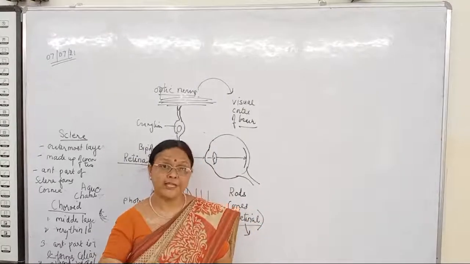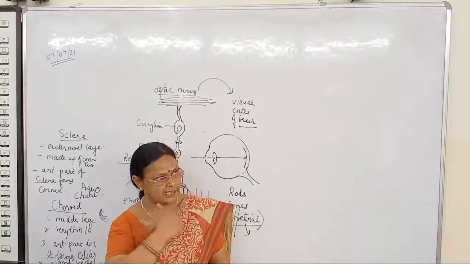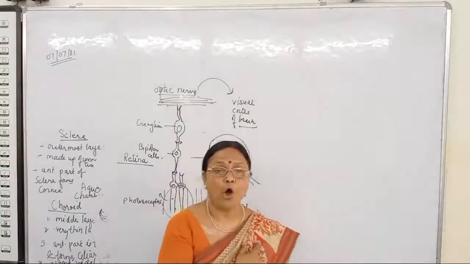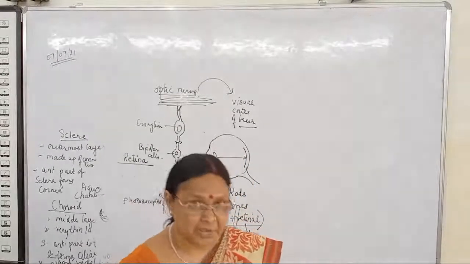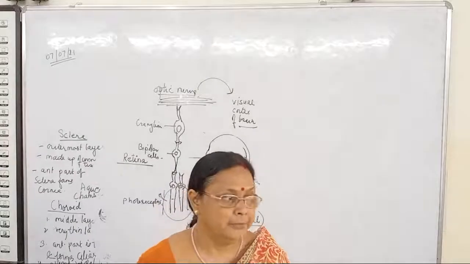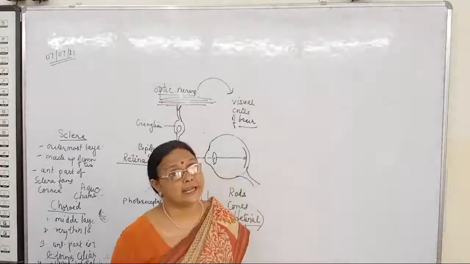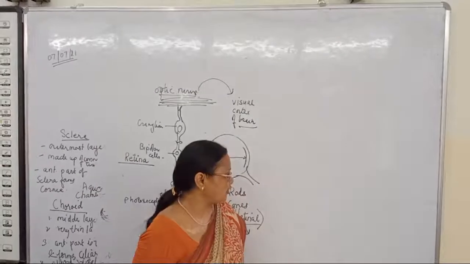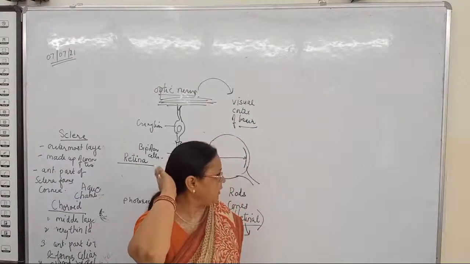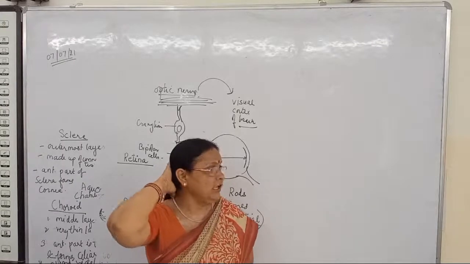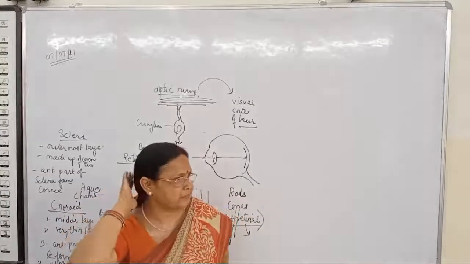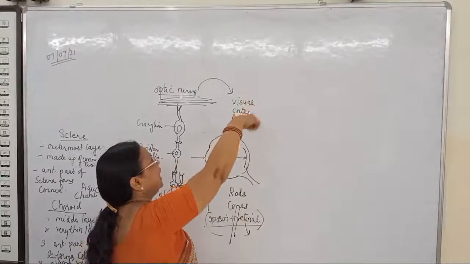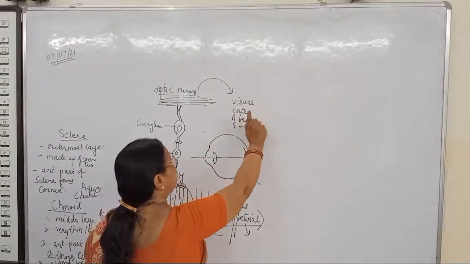So there is a cortex which is important for the analysis of the image, or the information or impulse that is sent by the retina to the brain. That part of the cortex is called the visual cortex, located in the occipital region, which is the back side of the brain, and it analyzes the information.